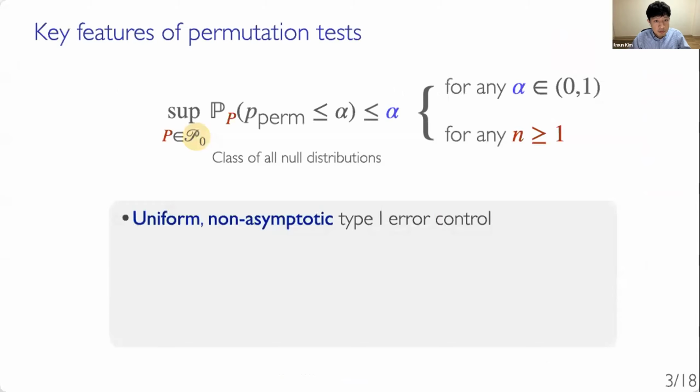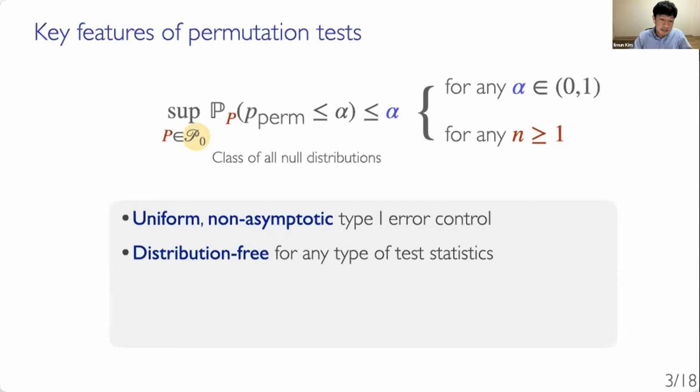And the resulting permutation test has many attractive properties in terms of type 1 error control, which is summarized in this slide. So first of all, the permutation test has uniform and non-asymptotic type 1 error control, which means that the type 1 error is less than or equal to alpha over the class of null distributions, and this guarantee holds for any finite sample size.